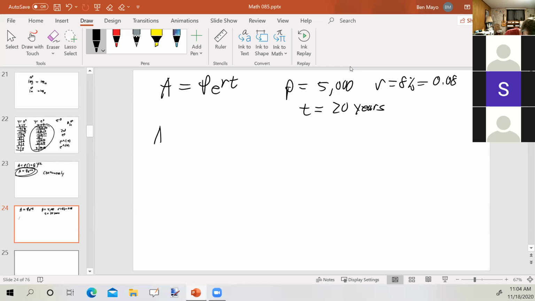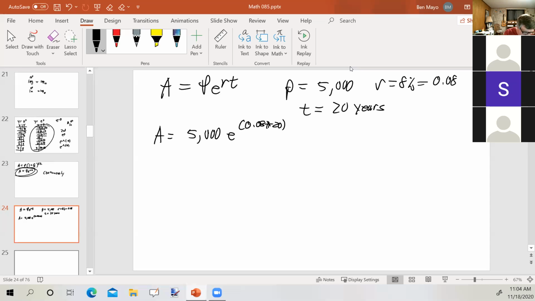So A equals 5,000 times E to the 0.08 times 20 years. So what I'm going to do first of all, I could punch this all into my calculator all at once, or I can take 0.08 times 20. Either way, I'm just going to do it as it is.